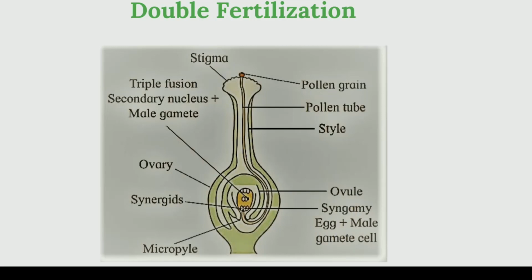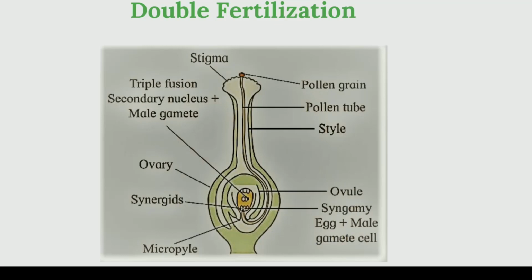Inside that pollen tube, there are two male gametes. One of those two male gametes will fertilize the egg cell and the other will fertilize the secondary nucleus.